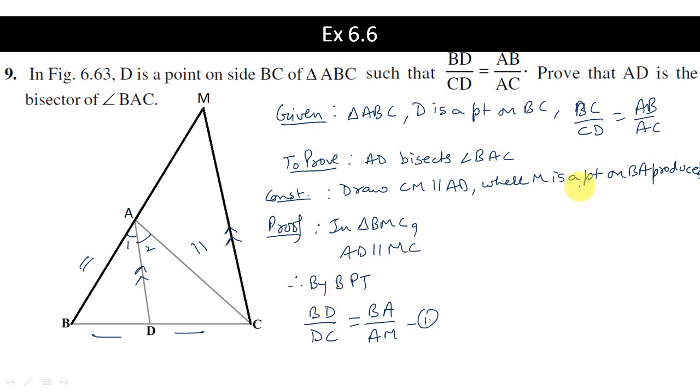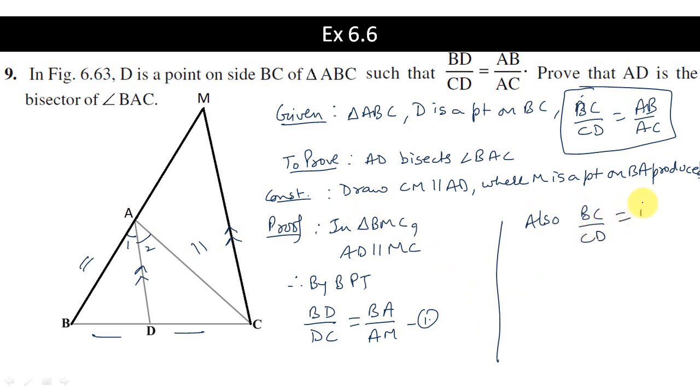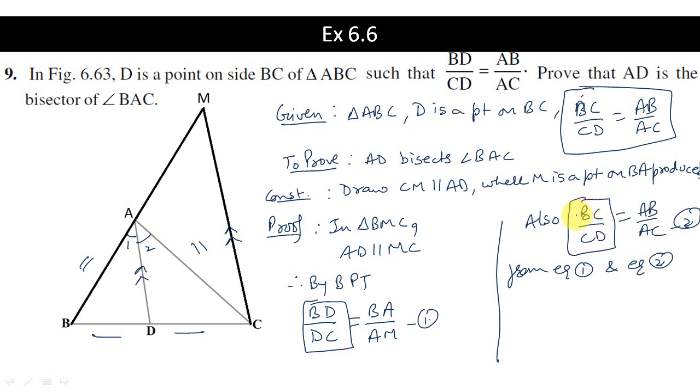Also, we are given that BD upon CD is equal to AB upon AC. This is equation number 2. So from equation number 1 and equation number 2, both of them are equal to BD upon CD.